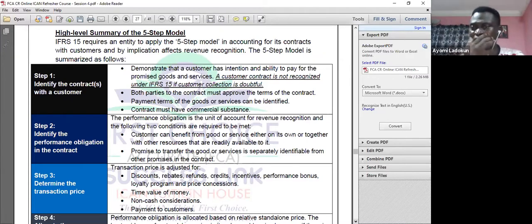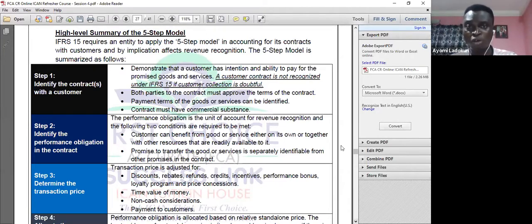But before I explain, let me tell you how to remember them, or how to link them up. Once you can remember step one, identify the contract with customer, then you know that number two is identify the performance obligation in the contract. What am I promising my customer? And of course, I need to know the price. That is step three, determine the transaction price.